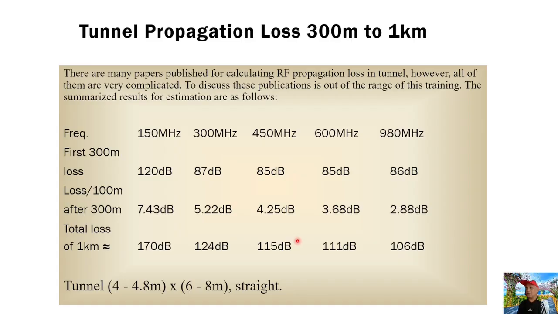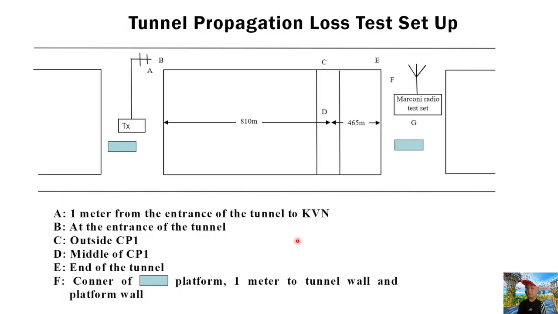Let's see in the tunnel. So this is the tunnel. We set up the test. Here is the transmitter, transmitting the RF signal at 450 megahertz with a Yagi antenna, and the tunnel is on both sides here. Then we tested in all these locations, but we paid special attention to C and E. You see, C is almost 1 kilometer away from the base station.